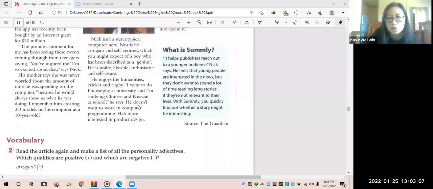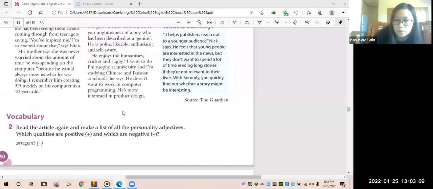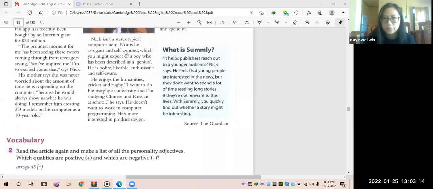Okay. So which are the positive ones and which are negative ones? How about polite, likable? Okay, self-centered: is it positive or negative? Negative. What does that mean? Self-centered: you only think about yourself. Yes, it's similar to selfish, right? And how about polite?